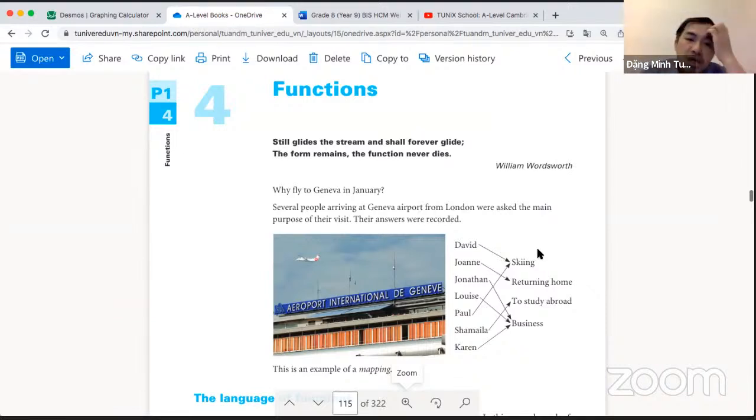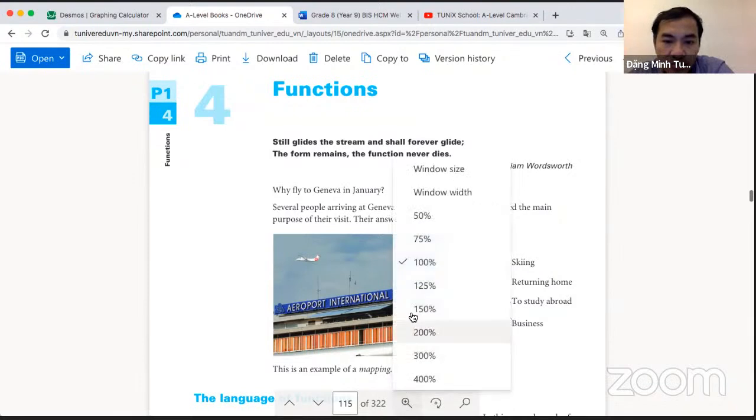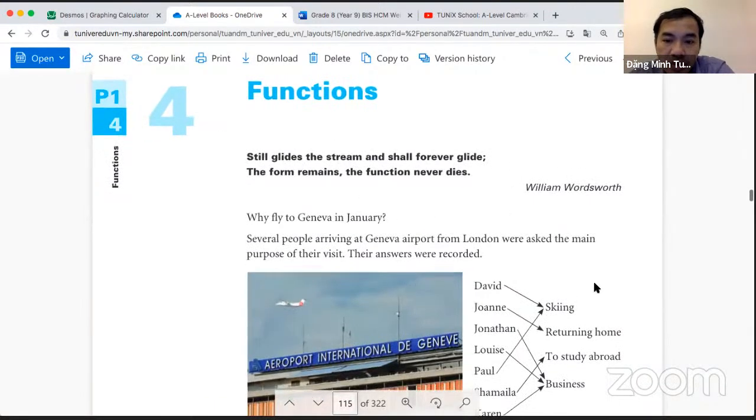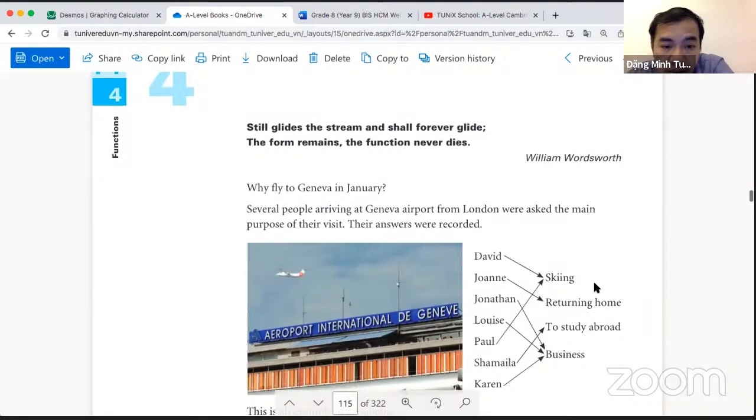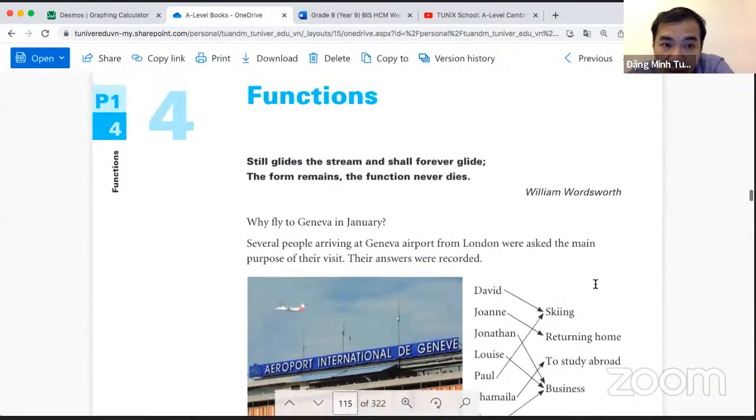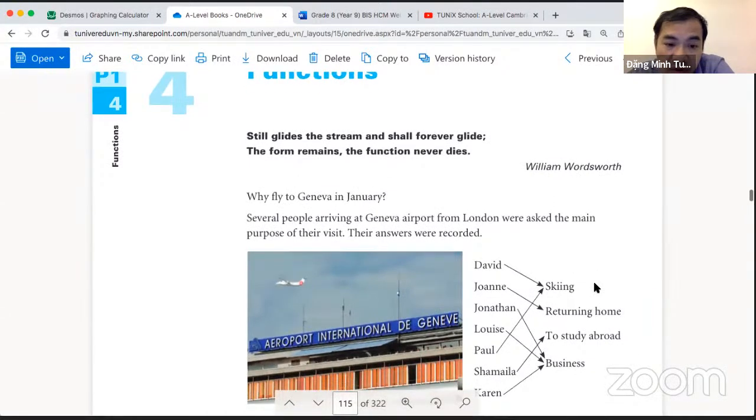Okay, so now the function. Look at this one, the language of function. How to understand this? Now we study the function language at the airport.